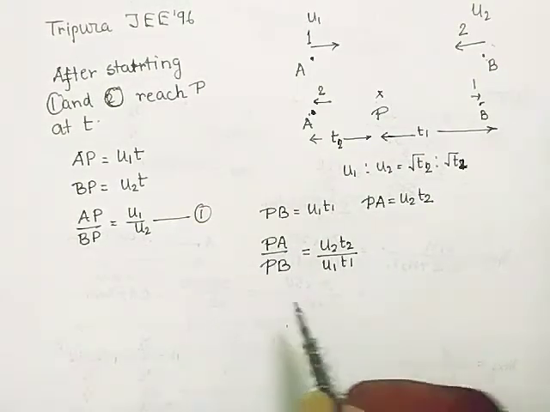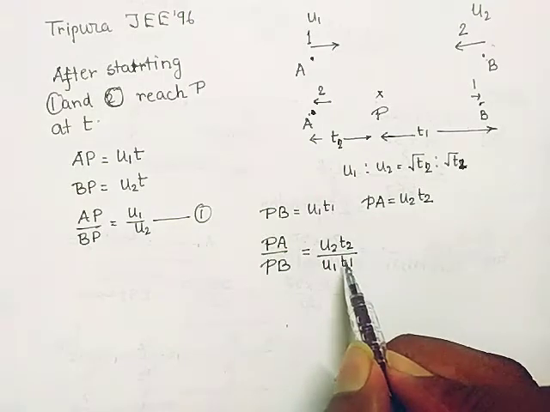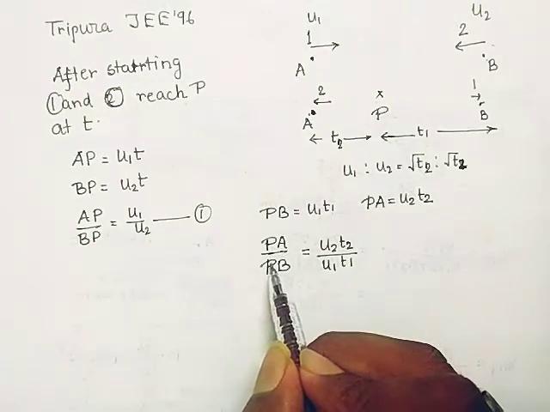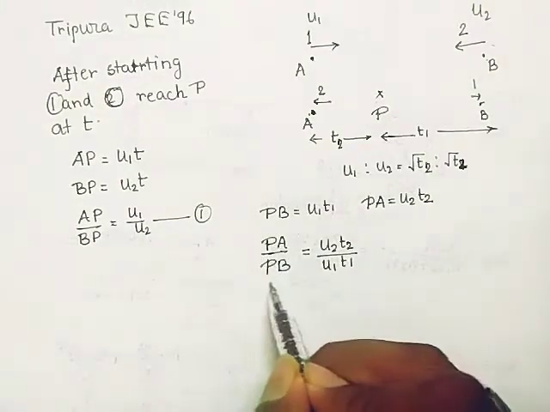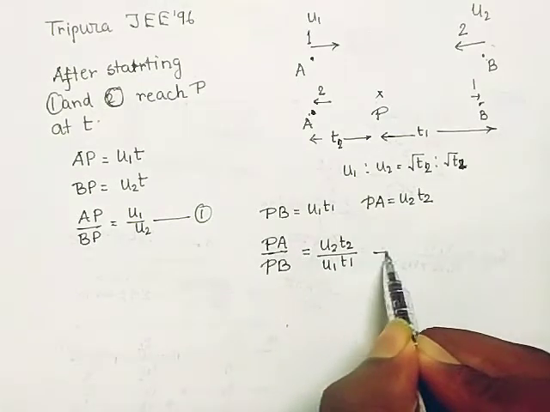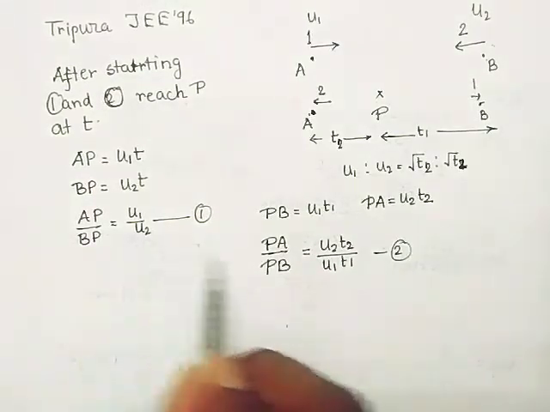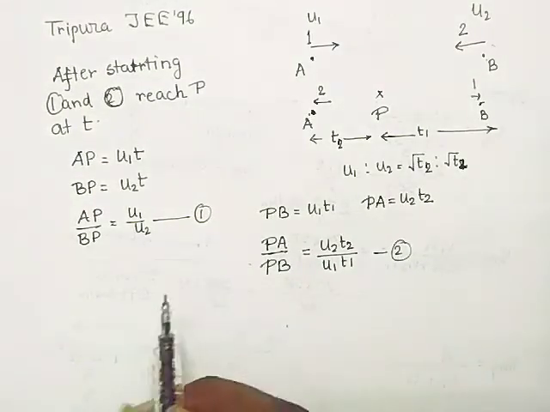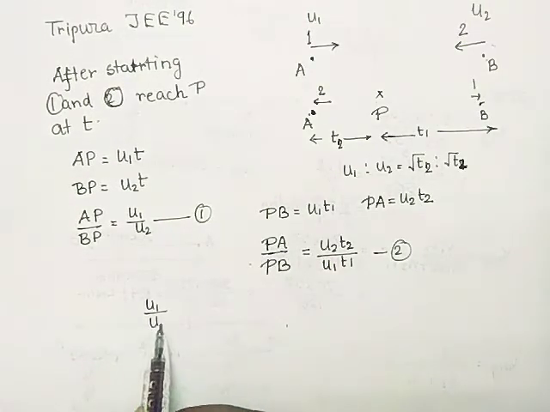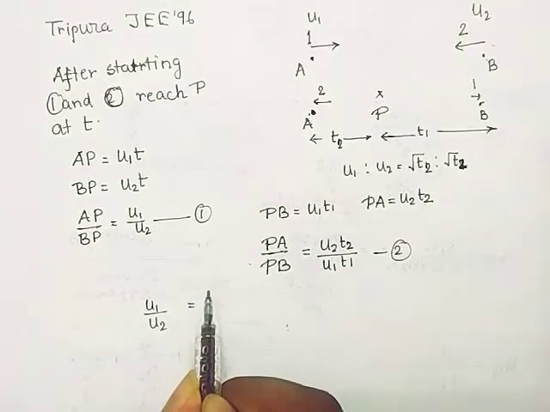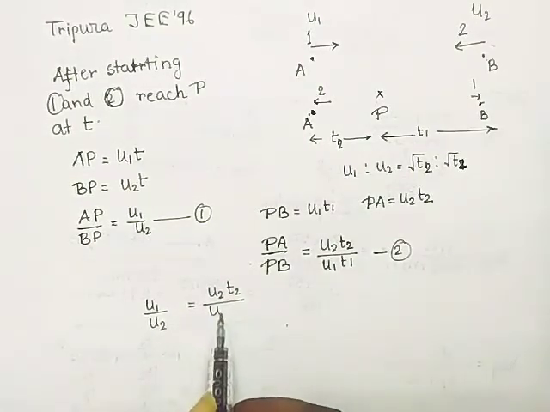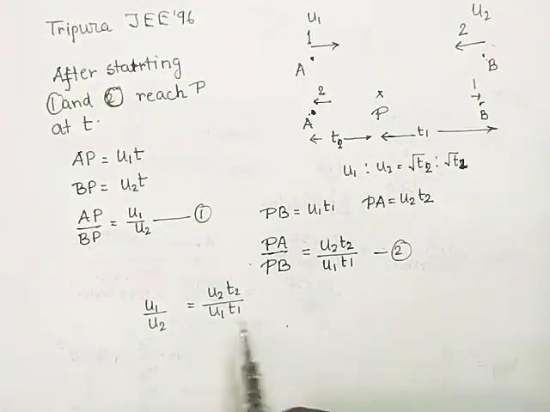Now PA and AP are basically the same thing geometrically, so we can say these two ratios are equal. Then U1 divided by U2 equals U2 T2 divided by U1 T1.